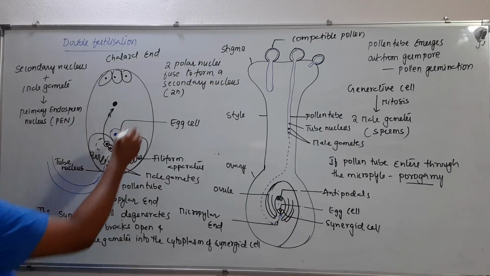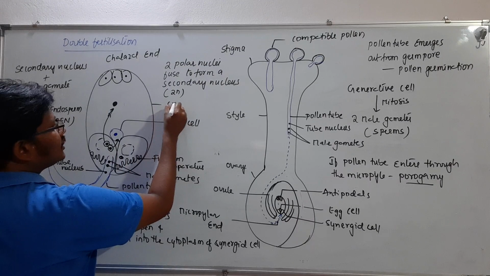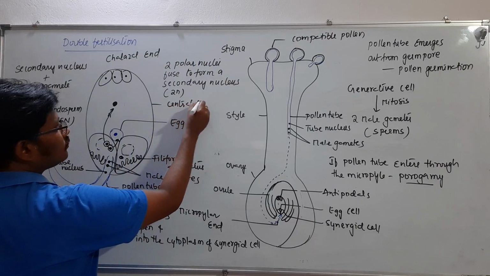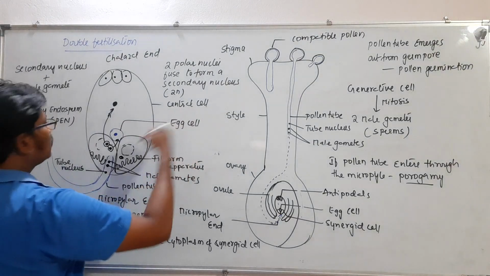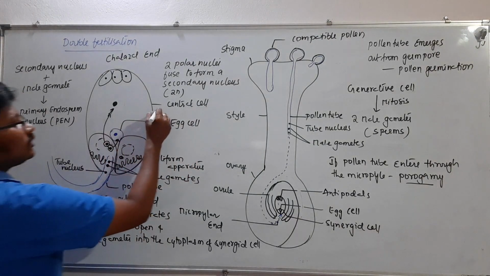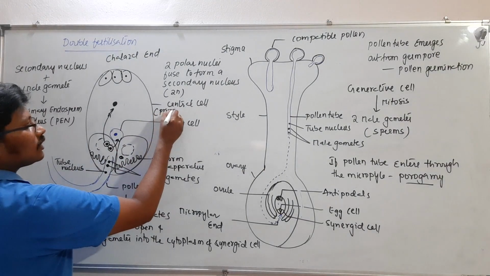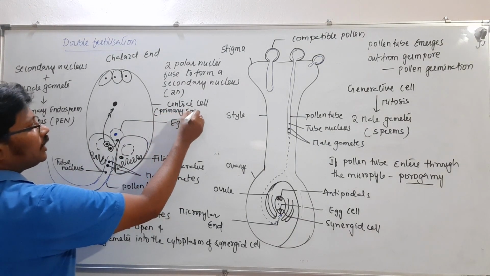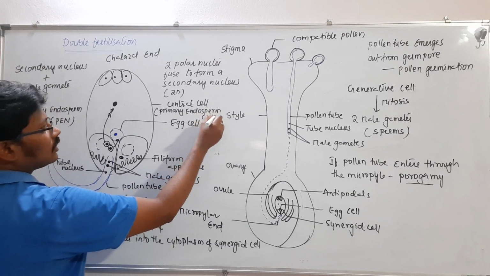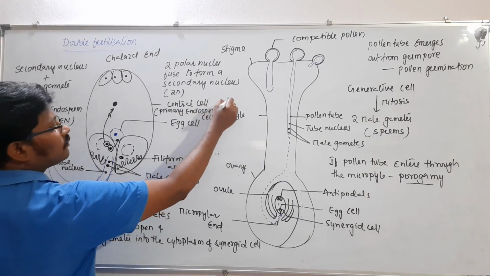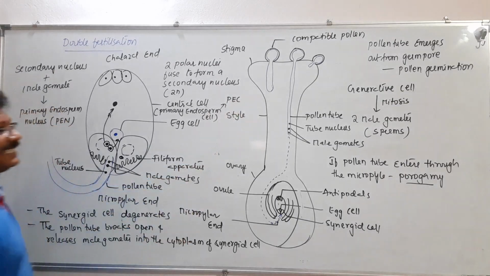This is the central cell, and it becomes the primary endosperm cell, the PEC.